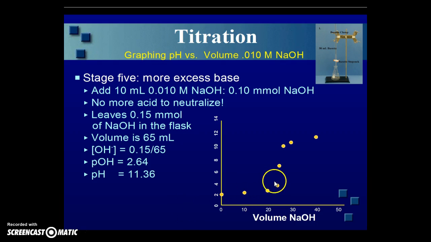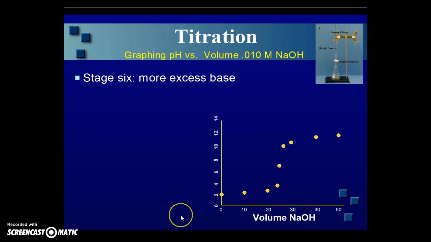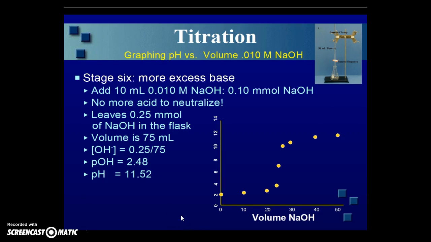We can see now that we have the classic S-curve forming up. Finally, we're going to add the last 10 milliliters of base to finish up the titration, having added 50 milliliters. And we now have a volume of 75 ml. All the base is still there, and we find a pOH of 2.48 and a pH of 11.52. The S-curve is complete.